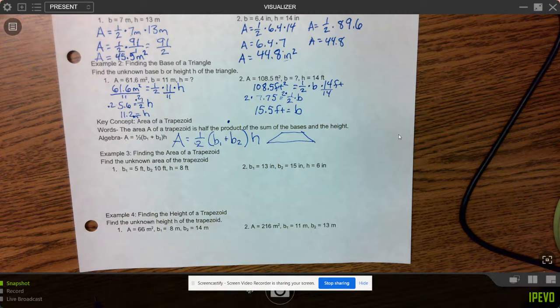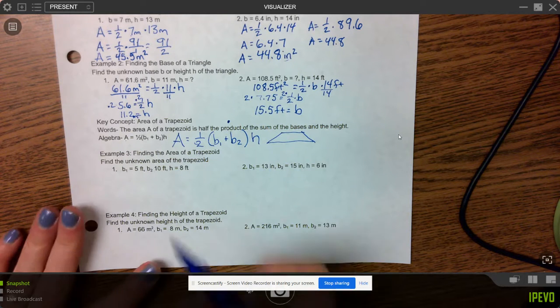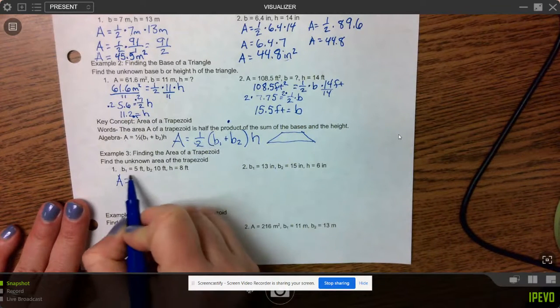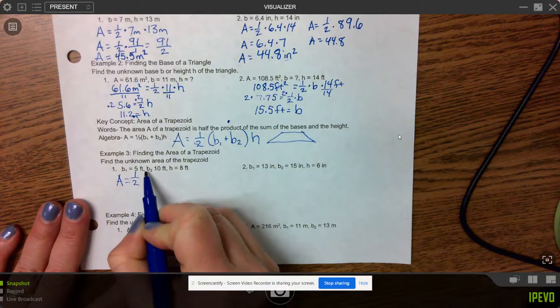So let's look at number 1. We have base 1 is 5 feet, base 2 is 10 feet, and our height is 8 feet. So we're going to use our same equation. Area equals 1/2.